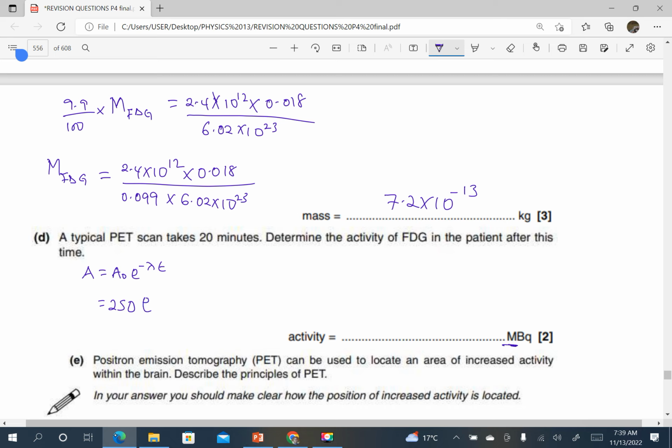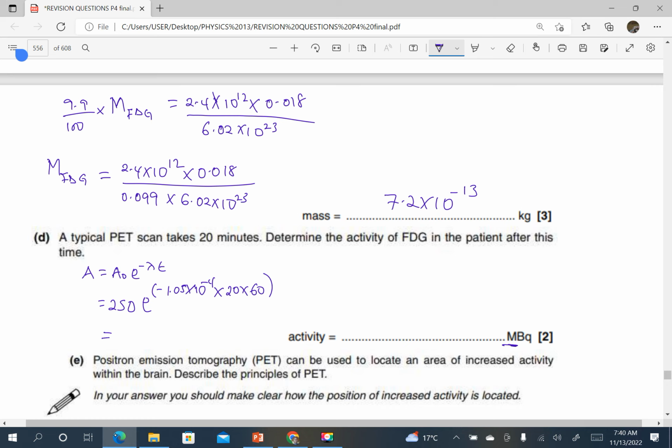So this will be e power negative, lambda was 1.05 times 10 power negative 4, that was lambda. Then times time, which is 20 minutes. So 20 minutes is 20 times 60 to change it to seconds because becquerels is per second.